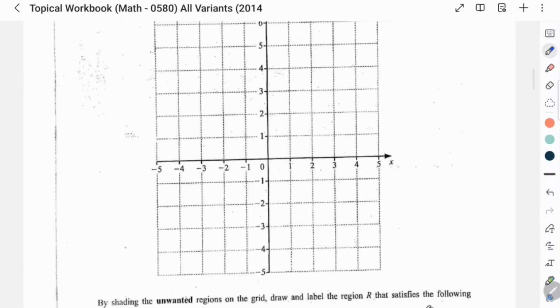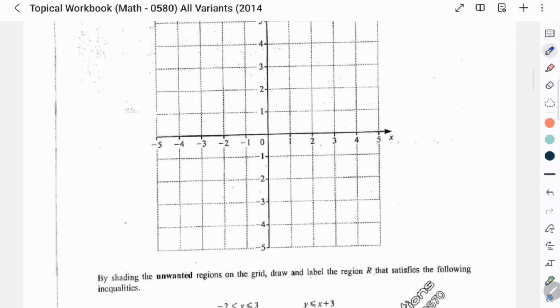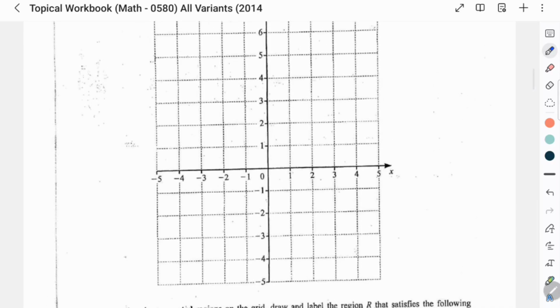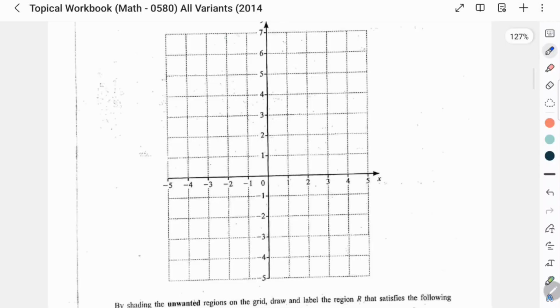Now the next question is, by shading the unwanted region on the grid, draw and label the region R that satisfies the following inequalities. -2 is less than x is less than or equal to 3. It means x is less than or equal to 3 and -2 is less than x. So you will have to draw a dotted vertical line at -2, because this is x equals to -2.